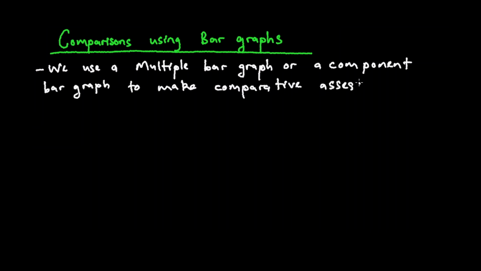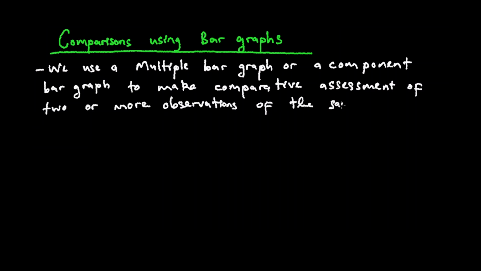And this comparative assessment is going to be of 2 or more observations, but these observations should be of the same subject. So we can compare what is of the same subject. That is what we can compare.